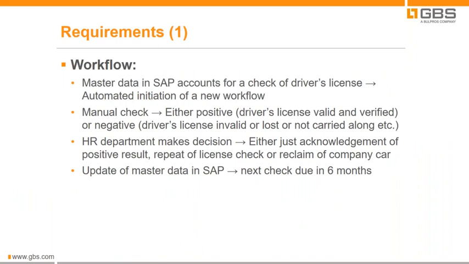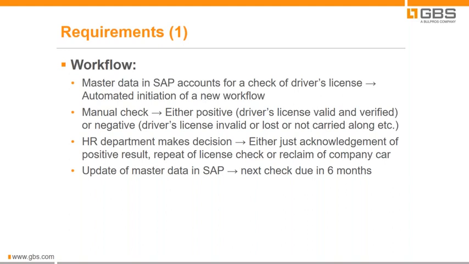Okay, what are the requirements to implement a solution like this? Keep in mind, this is the simplified version. So the workflow should be as follows. If the master data in SAP accounts for a check, then a new workflow is automatically initiated.